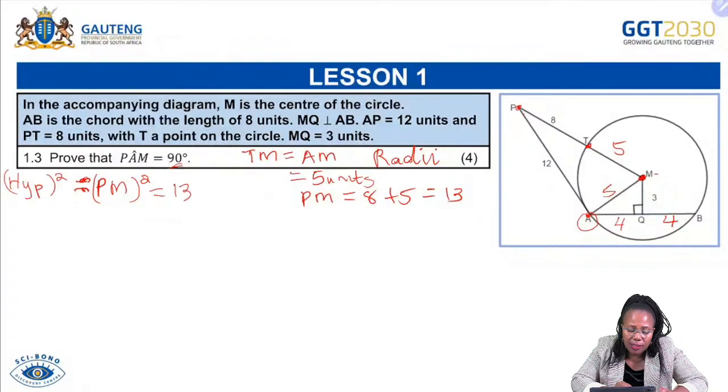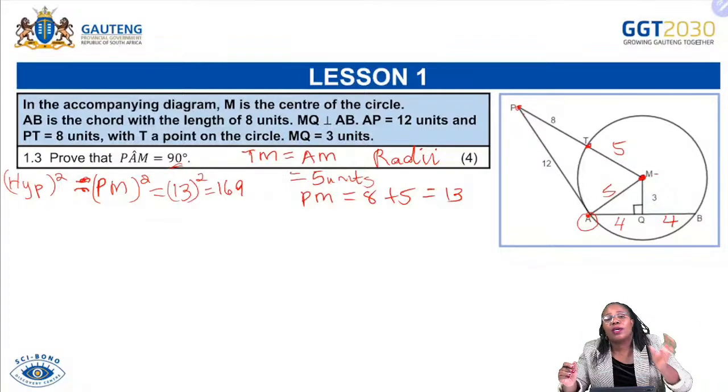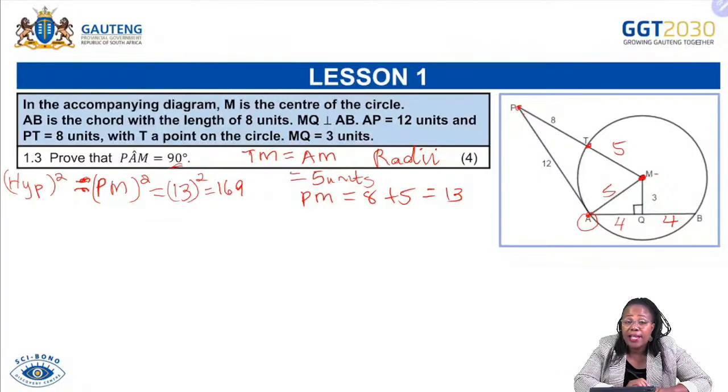PM is 13, so if you square 13, you end up with 169. You cannot conclude yet that they are equal, grade 12, because you are testing whether the hypotenuse is equal to the sum of the other two sides squared. If that is the case, therefore this triangle is a 90 degrees triangle. And then let's take the sum of the two sides now. What is the two sides? It's AP.